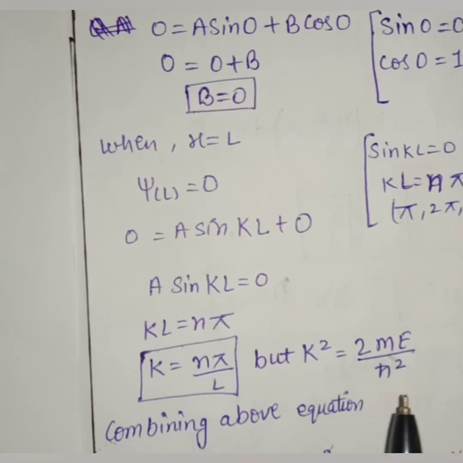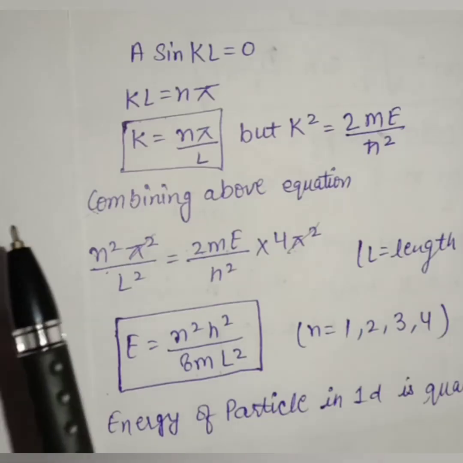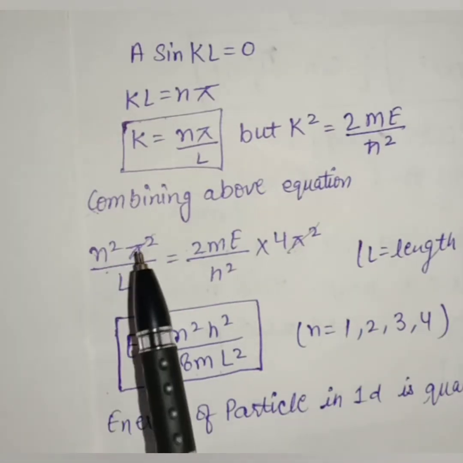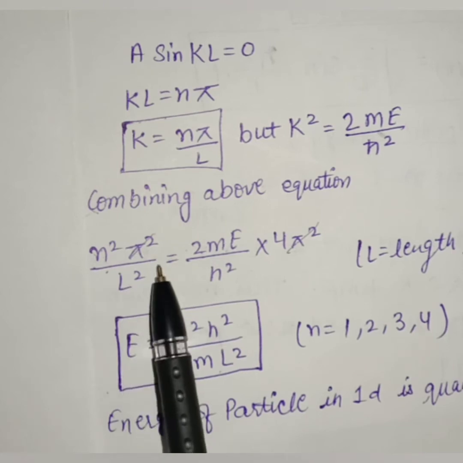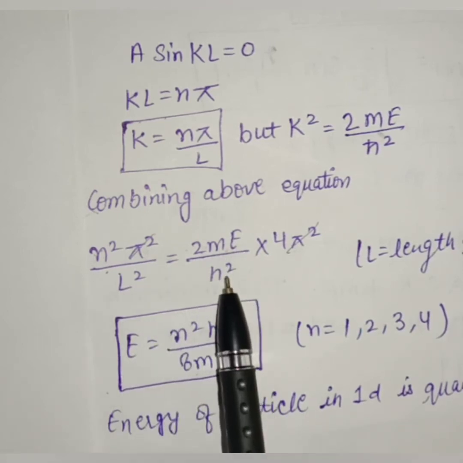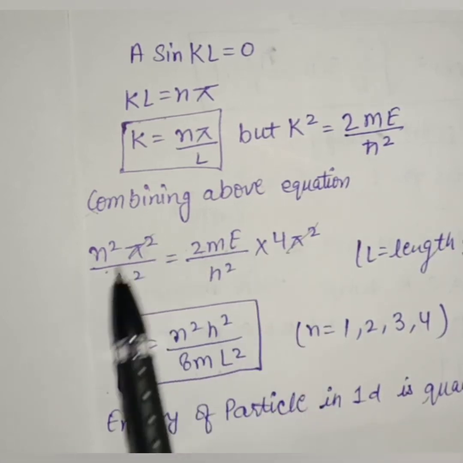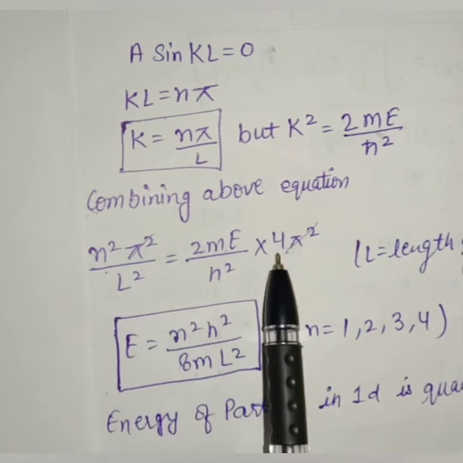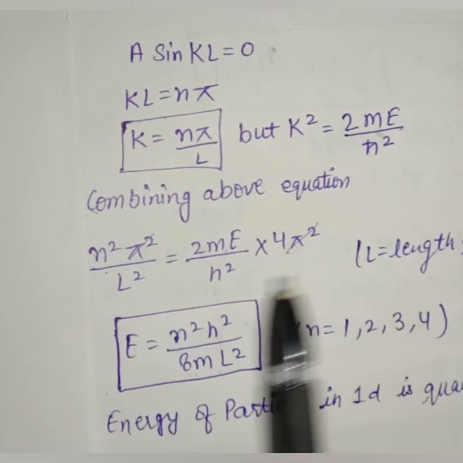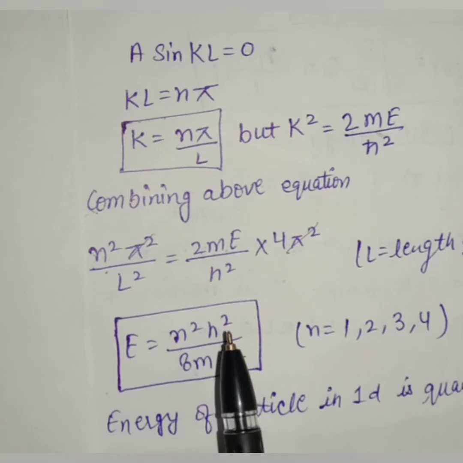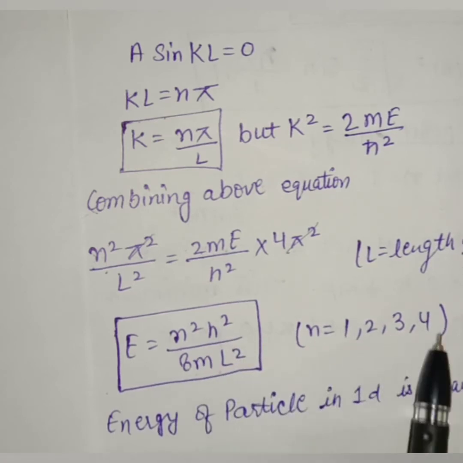Now combining these equations, we will get n square pi square by L square equals 2mE by h square into 4 pi square. Here pi square can cut pi square, and L is the length of the box. So E equals n square h square by 8mL square, where n equals 1, 2, 3, 4.